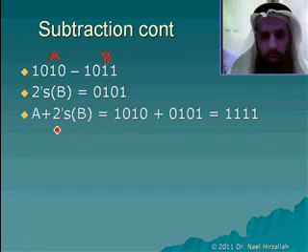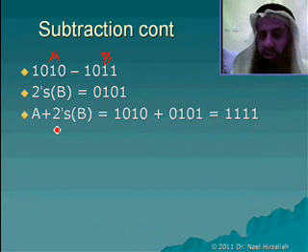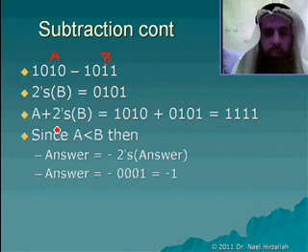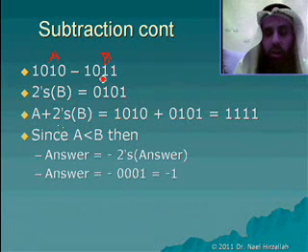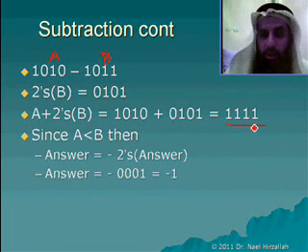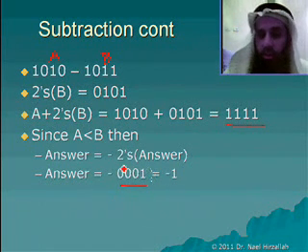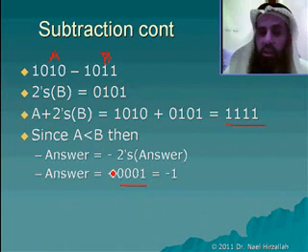And since a is smaller than b, we have to take the 2's complement of the answer and place a minus sign in front of it. The answer is 1, 1, 1, 1, and its 2's complement is 0, 0, 0, 1. We place a minus sign at the beginning, and the result is minus 1.